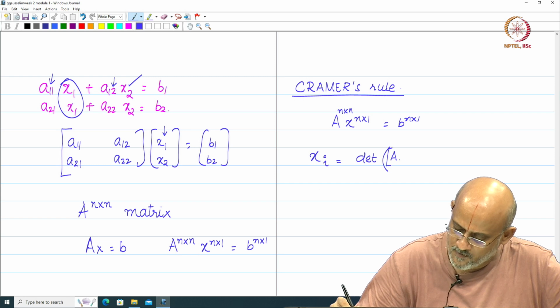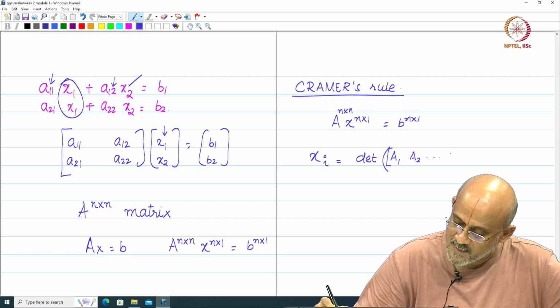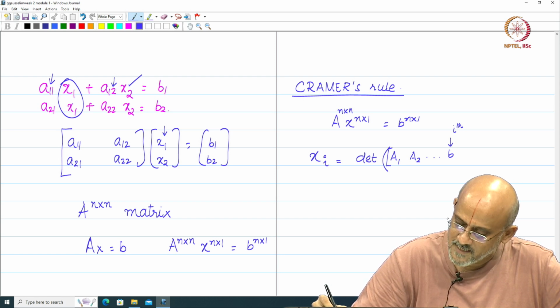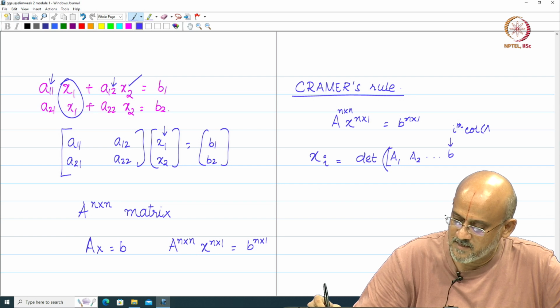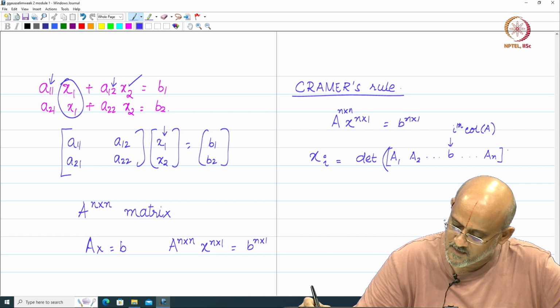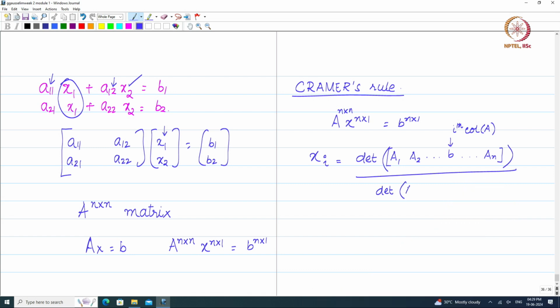xi is nothing but the determinant of the matrix A, where the first column is A1, the second column is A2, and you replace the ith column with B. This is basically my ith column of A, replaced with B. The determinant of this matrix is divided by the determinant of the original matrix A, where we had A1, A2, etc., Ai, etc., An, for i equal to 1 to n.